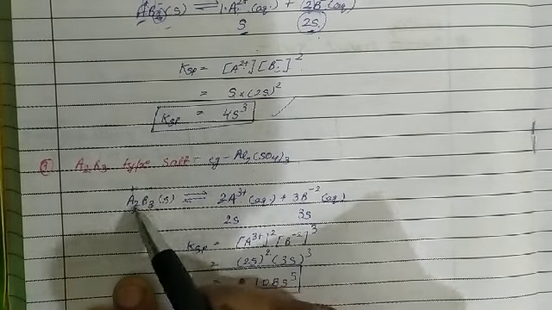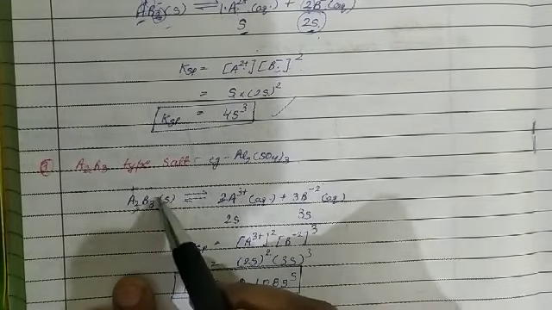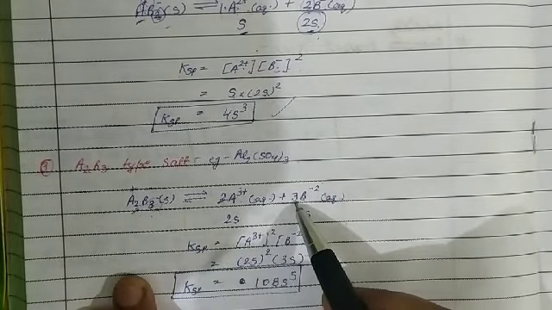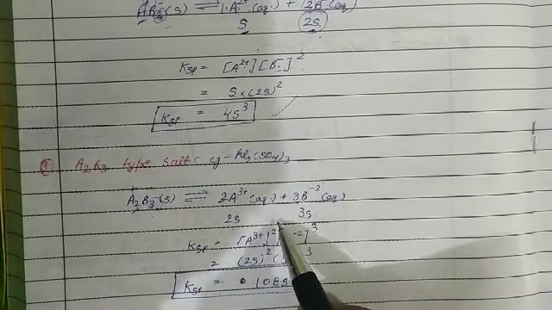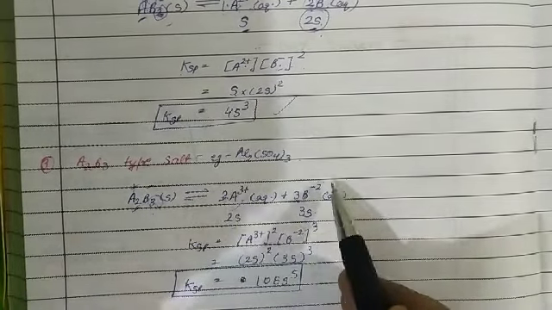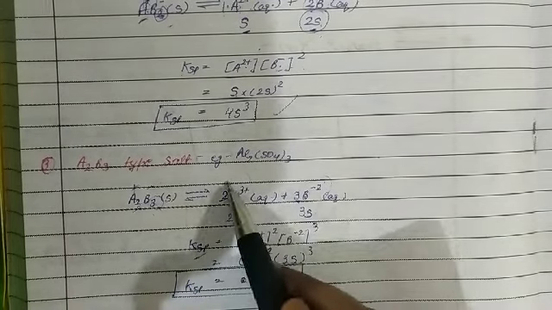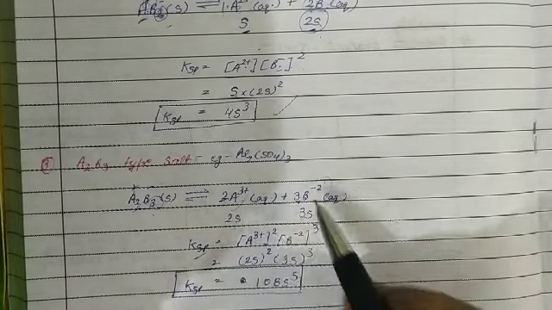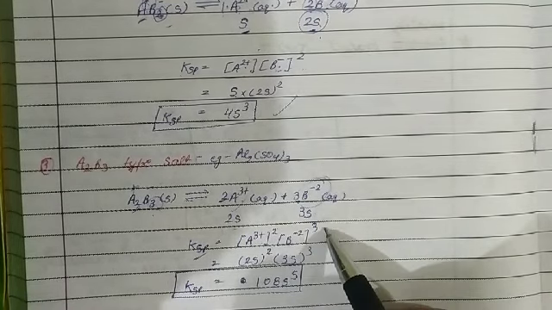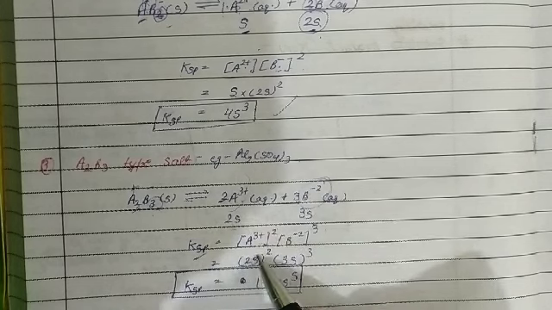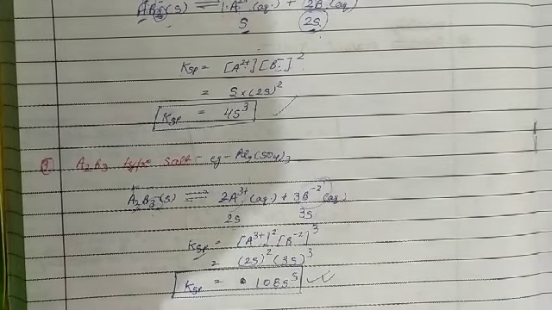Now cross multiply, it contains B2 negative ion, and as it is 3, the coefficient will be 3. Now solubility is 2S and 3S. The solution contains 2 ions, one is A3 plus ion and one is B2 minus ion. So Ksp depends on A3 plus, coefficient 2, therefore A3 plus square. Again it contains B2 minus, coefficient is 3, therefore B2 minus cube. Now put the values 2S square, 3S cube. So Ksp equals 108 S power 5.